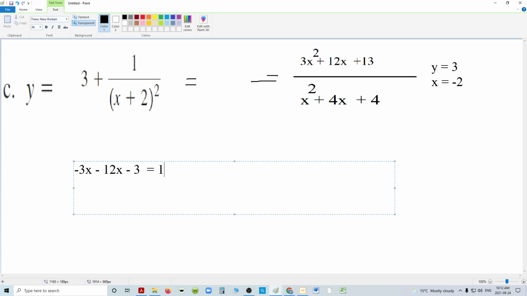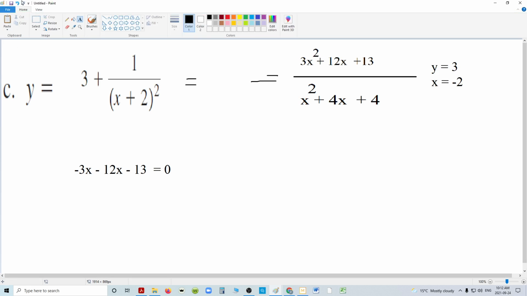When you bring the 1 over, you get minus 13. You've got to factor out the minus 1 first. It's easier on this expanded side just to see when that is equal to 0.